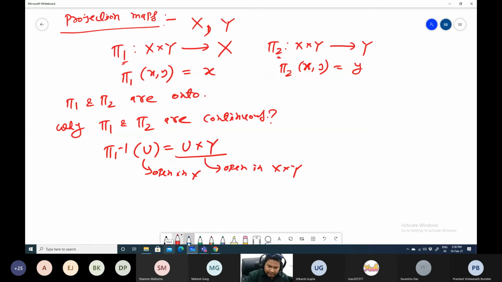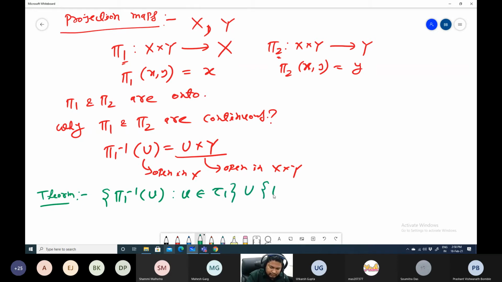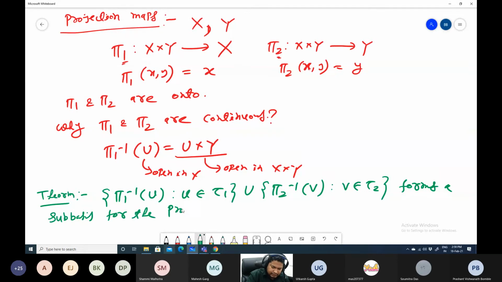Now that is one interesting theorem actually. You can just think about why this is true. The collection of pi 1 inverse of U, where U belongs to tau 1, union pi 2 inverse of V, where V belongs to tau 2, forms a subbasis for the product topology.